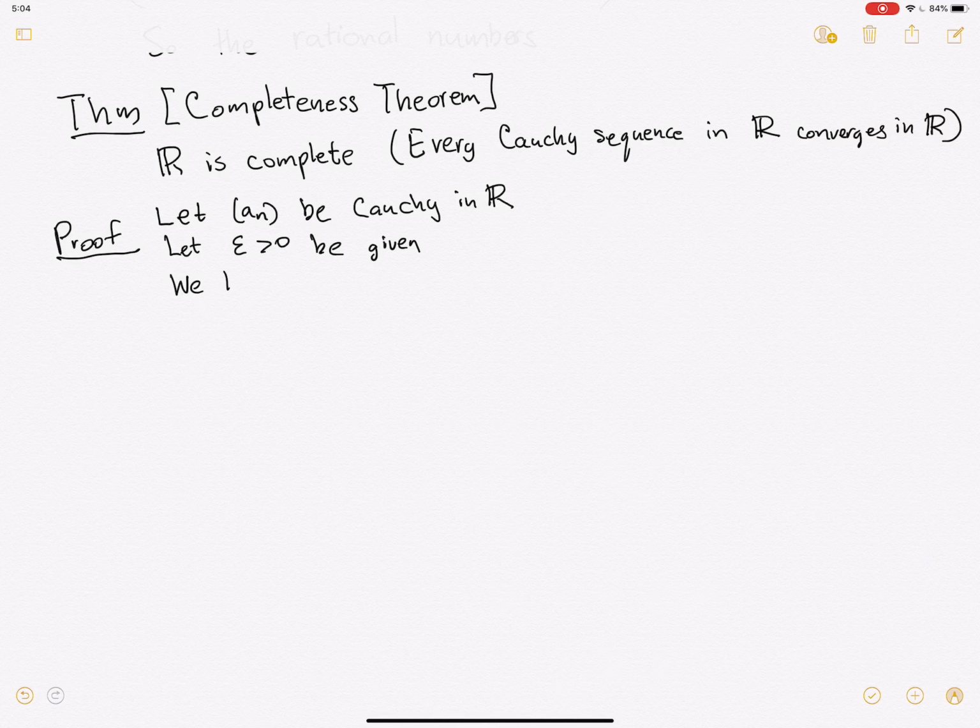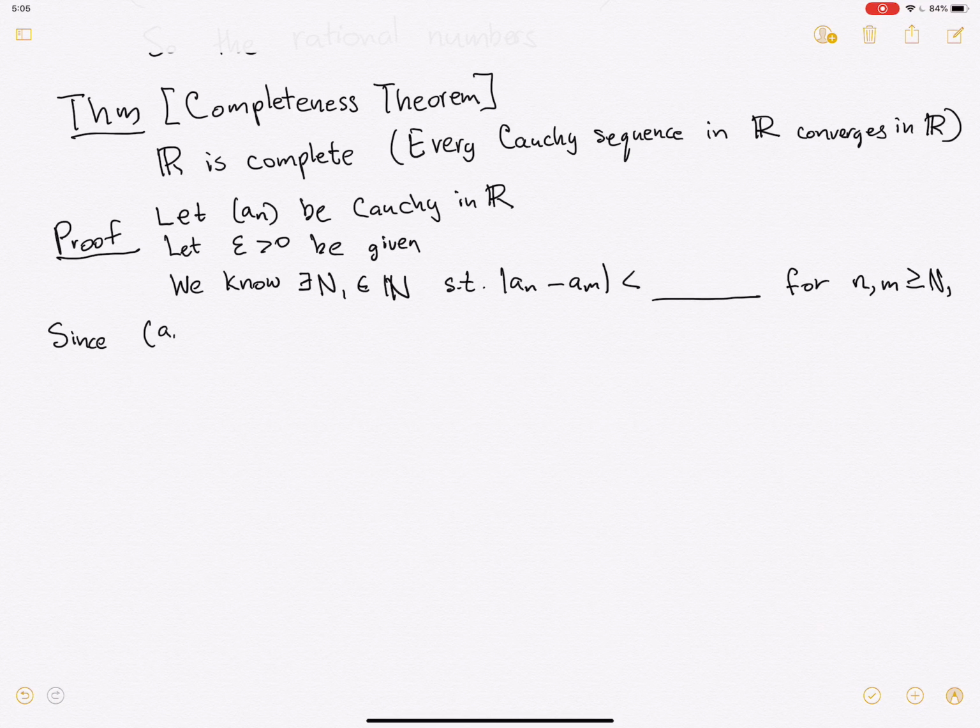So we know from the definition of being Cauchy that there's a natural number N1 such that |a_n minus a_m| is less than, we'll fill this in later, it just has to be a positive number, for n, m greater than or equal to N1. So since a_n is Cauchy, a_n is bounded.